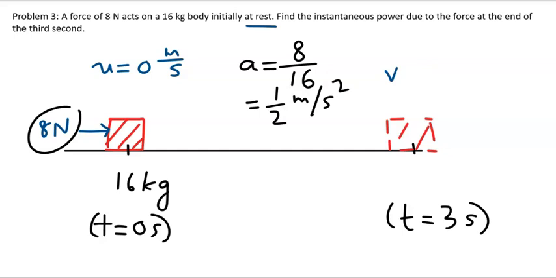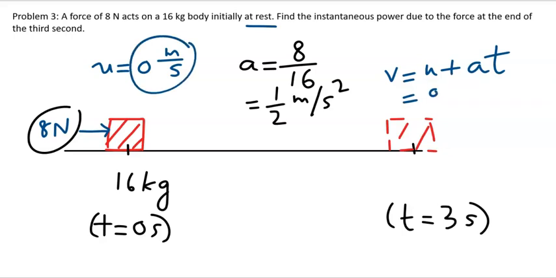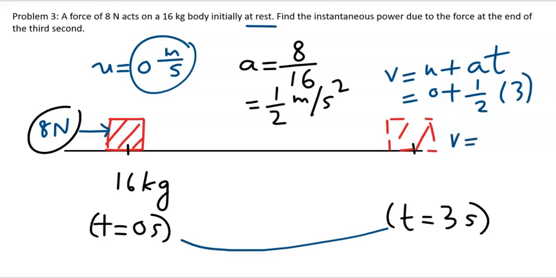In order to get the speed at t equals 3 seconds, you can use the first equation of kinematics, which is initial speed plus acceleration times the time interval. Since the initial speed is 0, the acceleration has been found to be half, and the time interval from here to here is 3 seconds, you see the speed of this object when it's here is 3/2 meters per second.